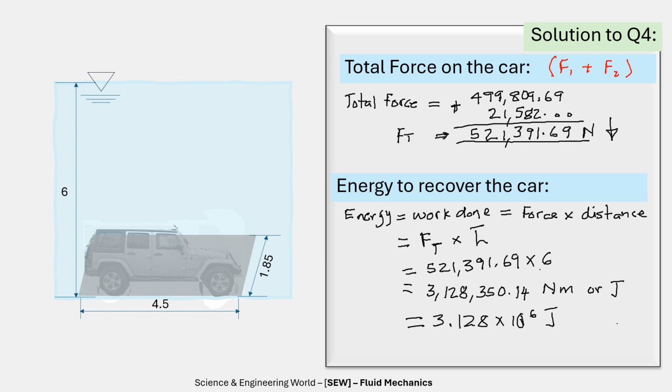So the energy required to bring the car up is approximately 3 megajoules. This is the least amount of energy required to bring the car up from the bottom of the lake.